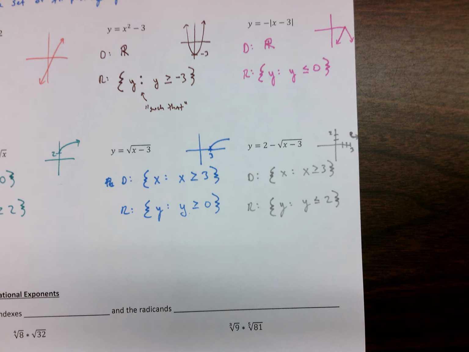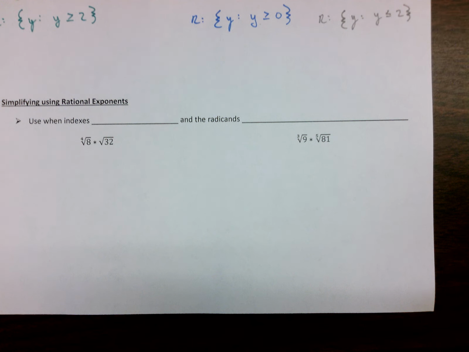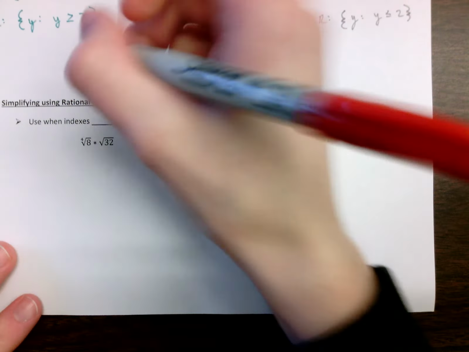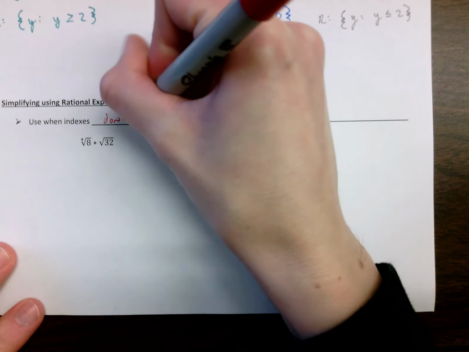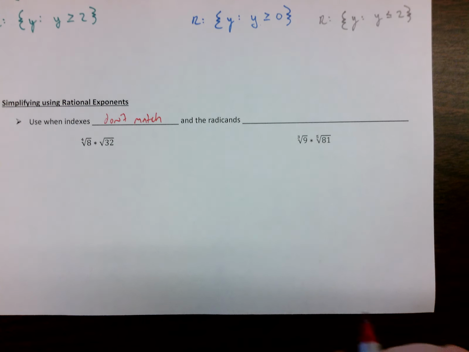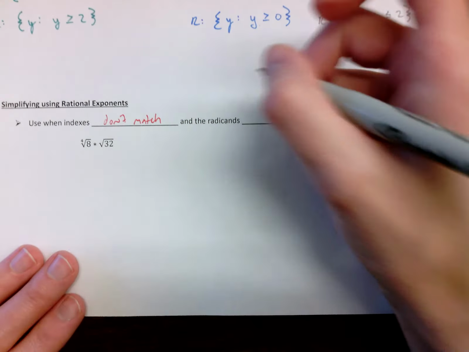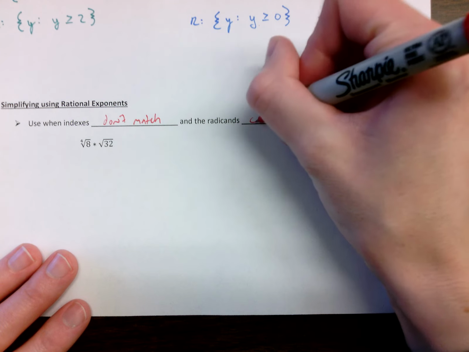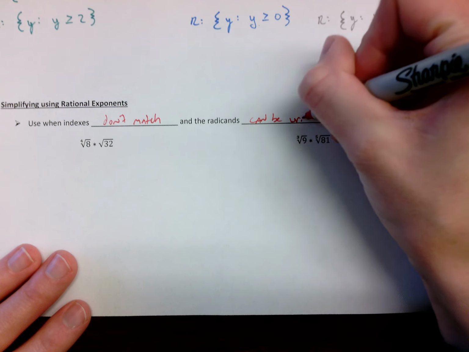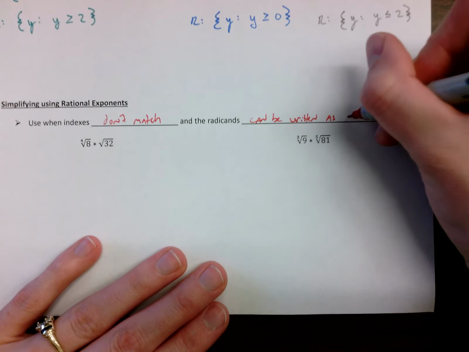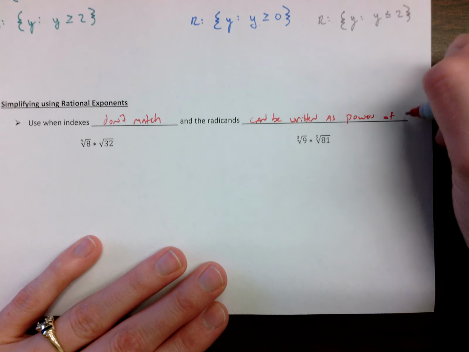All right, so that is topic number 1. Topic number 2 is we're going to talk about simplifying using rational exponents. You want to use this when your indexes don't match, and your radicands can be written as powers of the same base.